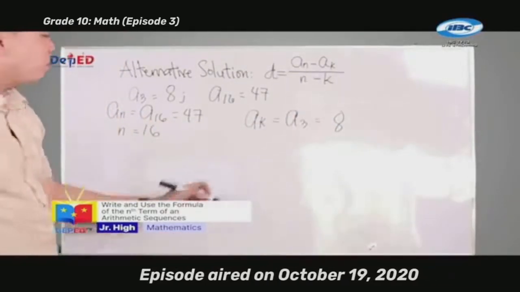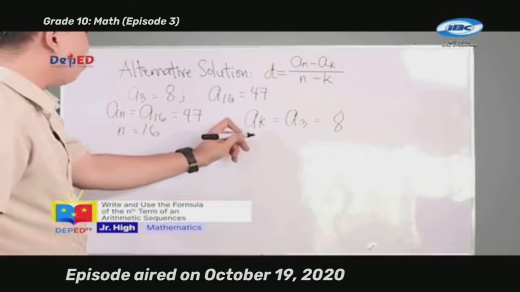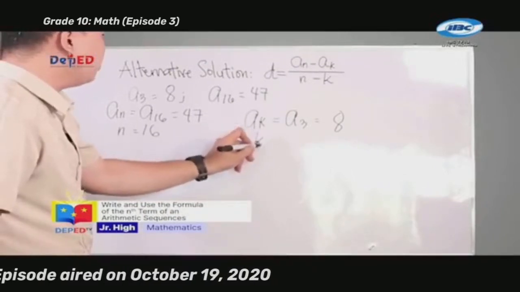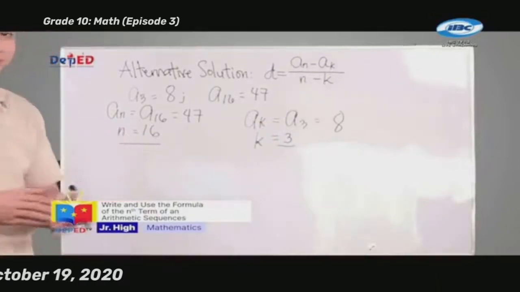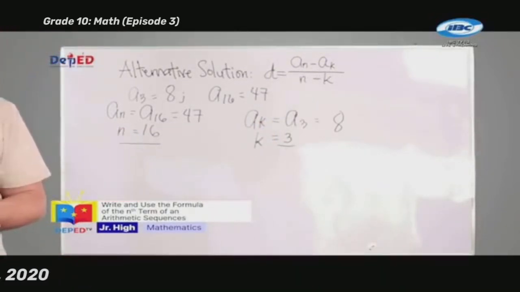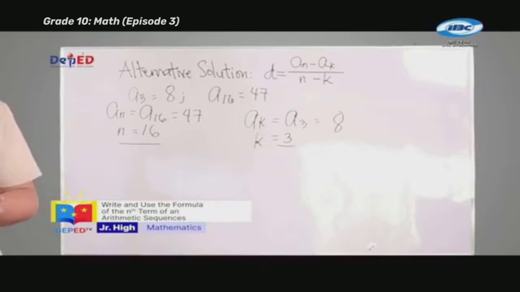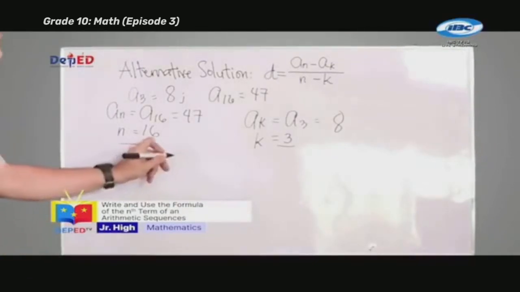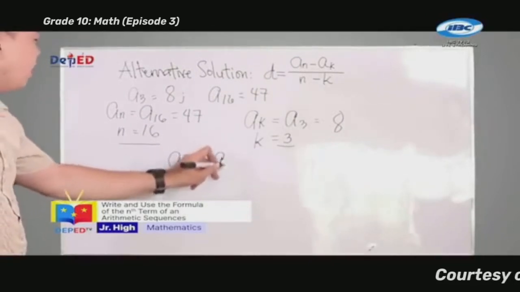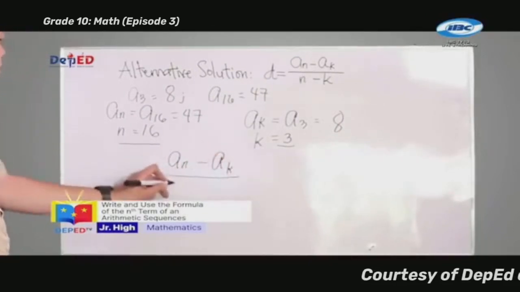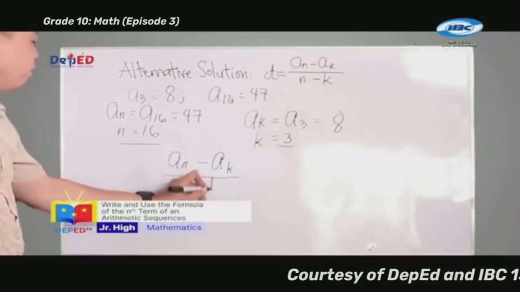And then k will now be equal to 3. Then we will substitute these givens into the formula to find the common difference. So that's a sub n minus a sub k all over n minus k.